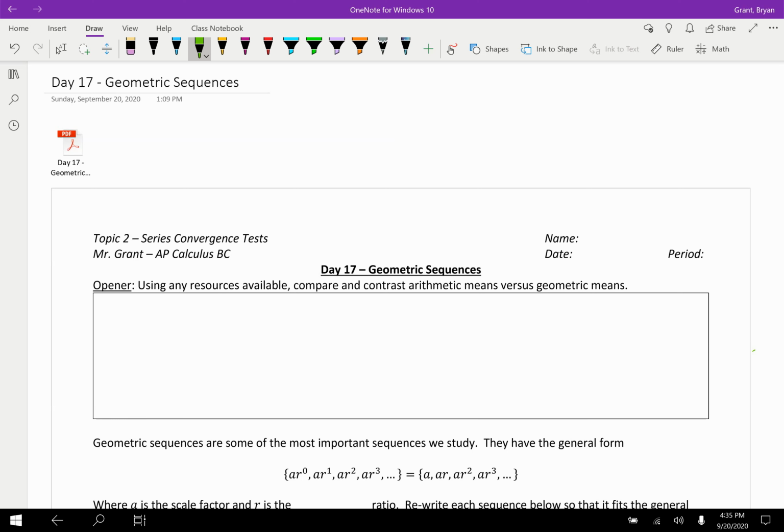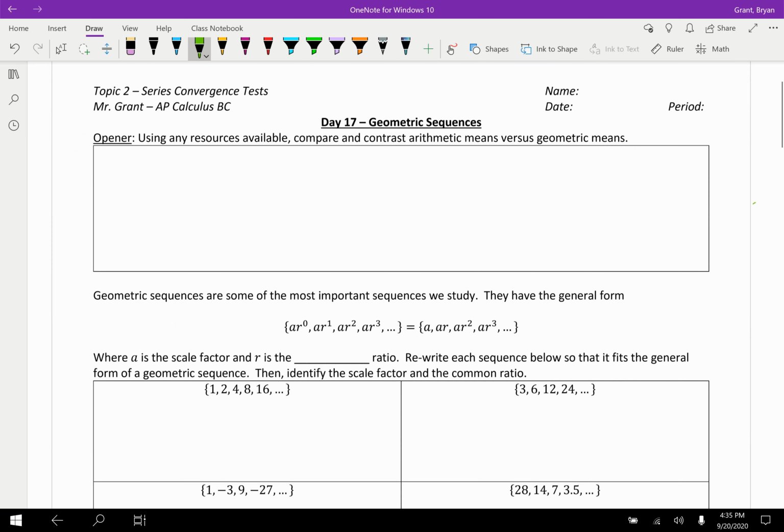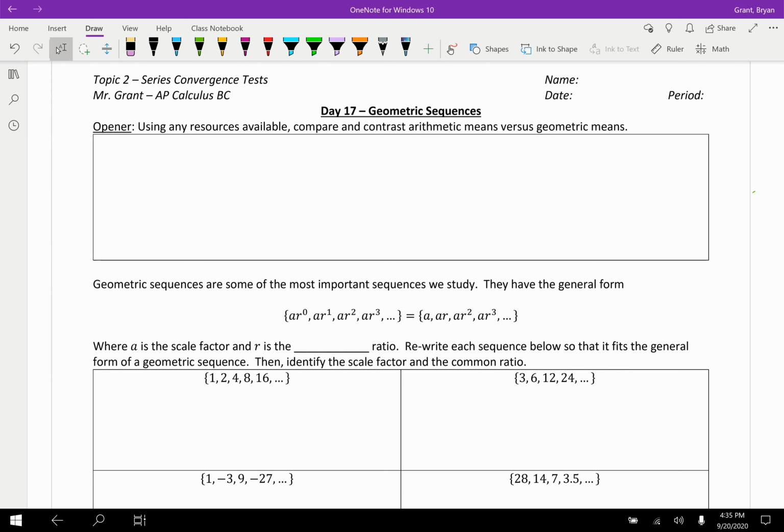And today we're going to study one really special type of sequence, which is known as a geometric sequence. We actually briefly talked about a geometric sequence in the past, and I think I even filled you in on the difference between an arithmetic mean and a geometric mean. But go ahead and refresh your memory about what that is. I'm actually not going to go back through it again.